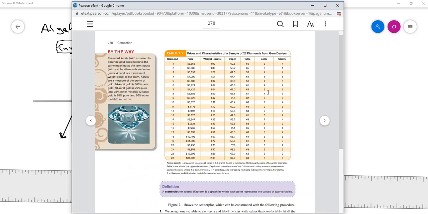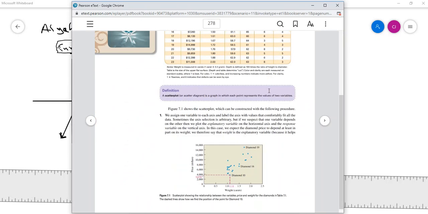The scatter plot is a graph in which each point represents the values of two variables, so the ordered pair that we talked about. Every point here relates to an ordered pair. For example, for this one here, the first number would be 2.